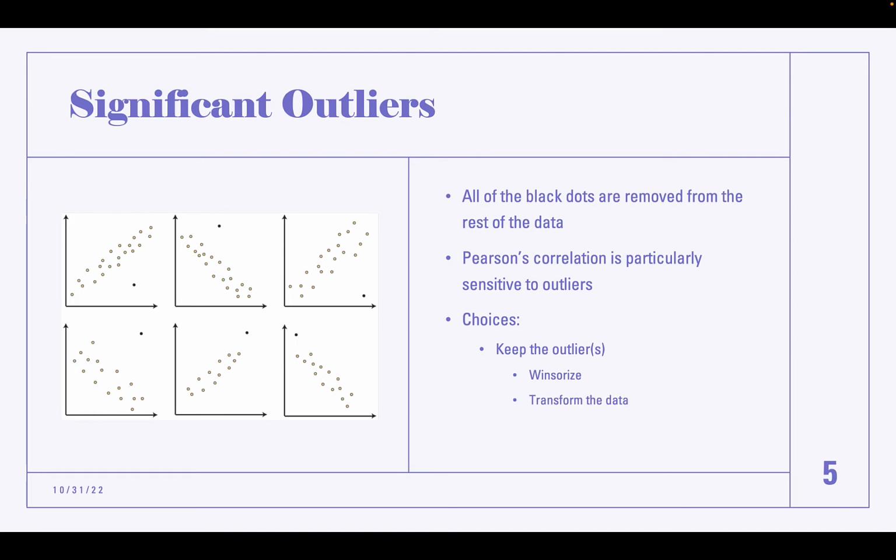We can transform our data, which sometimes helps with multiple outliers. So maybe taking the exponential or logarithmic value of all of our data points. That's one option. And then, you'll hear people say, oh, well, you can remove the outlier. Again, this is highly controversial, especially if you have a small data set.